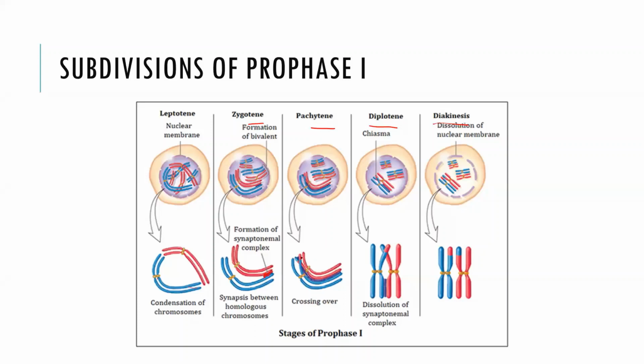And during pachytene, the crossing over occurs, and during diplotene, this complex degenerates, and during diakinesis, you have the separate chromosomes. They exchange genetic material, and you have the rest of the things happening, like dissolution of the nuclear membrane. Then you have metaphase 1.